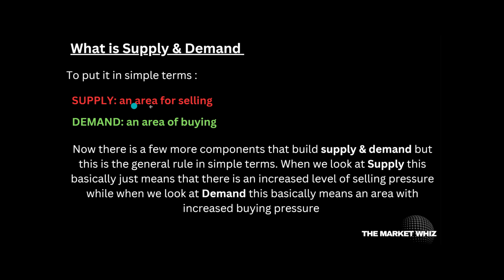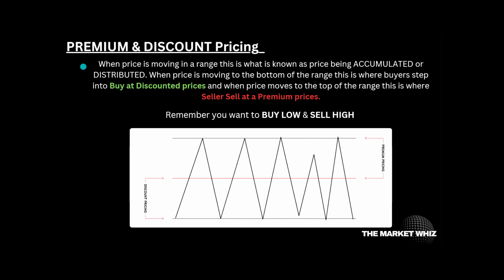Now, premium and discount pricing. When price is moving in a range, this is what is known as price being accumulated or distributed. When price moves to the bottom of the range, this is where buyers step in to buy at discounted prices.